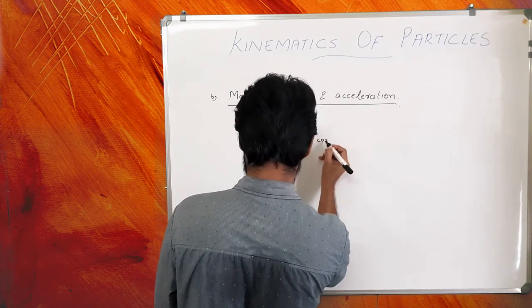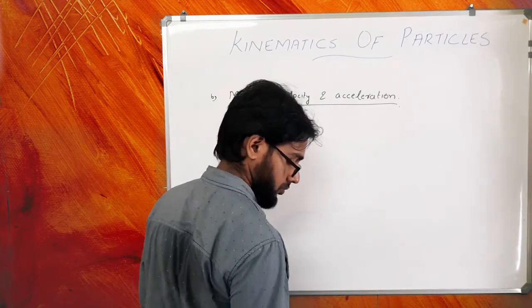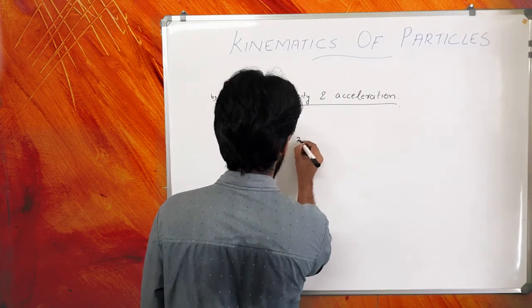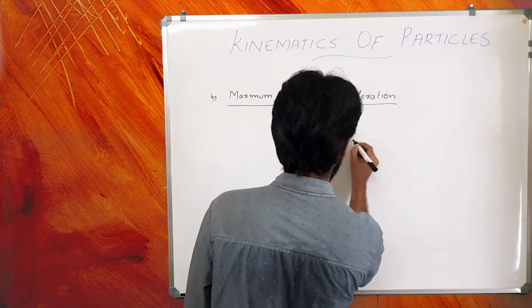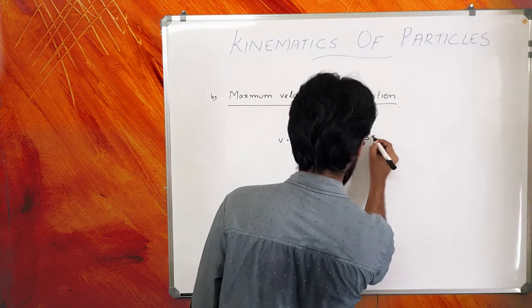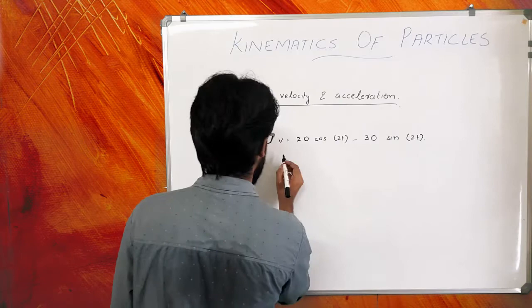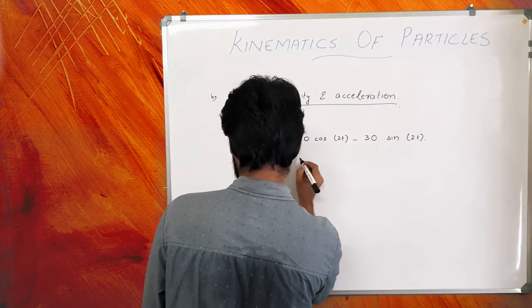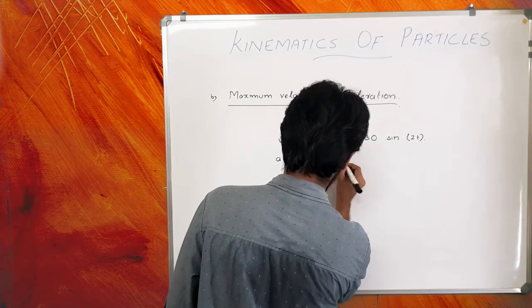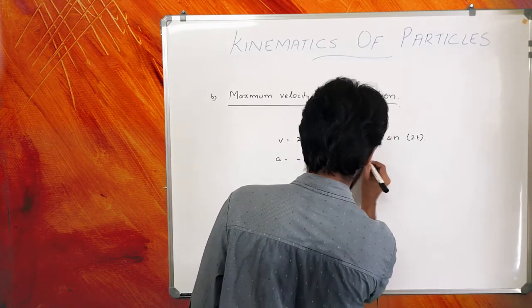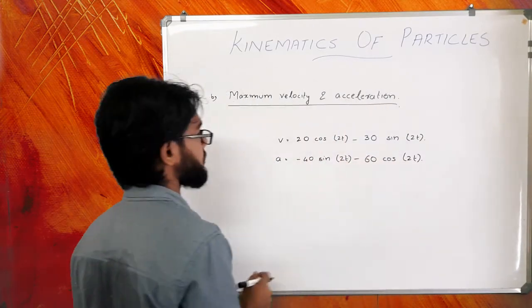Now, we know that velocity v is 20 cos 2t minus 30 sine 2t. Similarly, acceleration A is equal to minus 40 sine 2t minus 60 cos 2t.